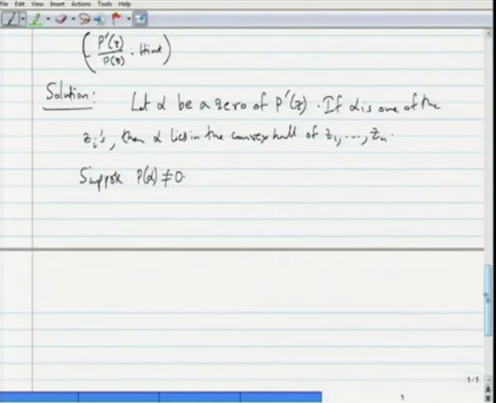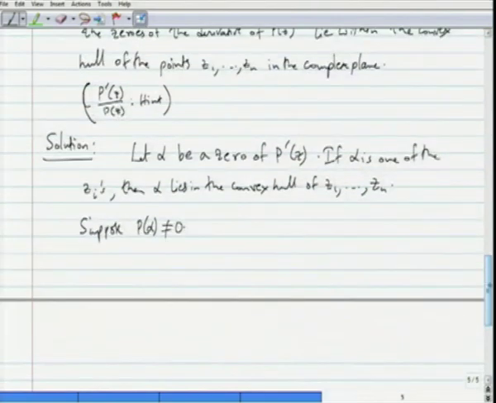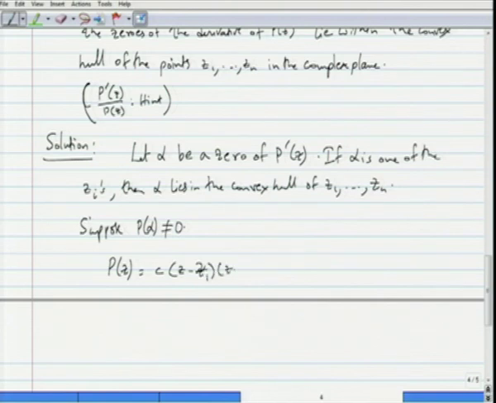In this case, let me first write p of z as some constant c times z minus z1 times z minus z2, and so on until z minus zn, because such a factorization is true for p of z, because z1 through zn are all the zeros. Okay. So, perhaps there is a multiplying constant c there, c belongs to C, not equal to 0.